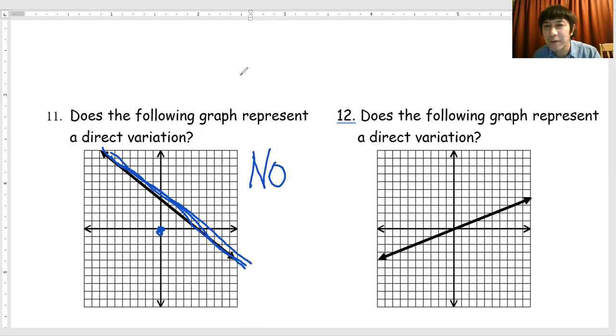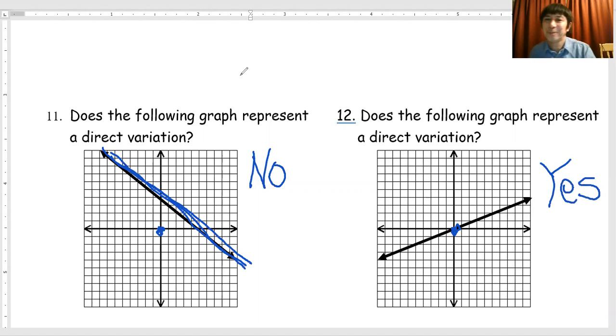All right, number 12. Does the following graph represent a direct variation? Just by looking at the graph, we know it satisfies the requirement. It passes through the origin. Therefore, this one is yes.